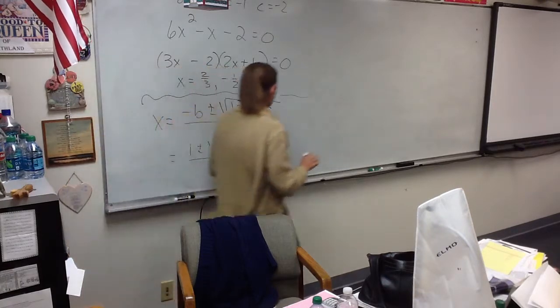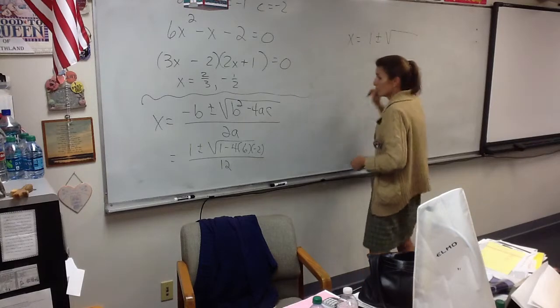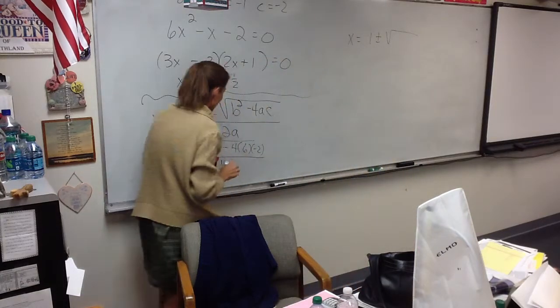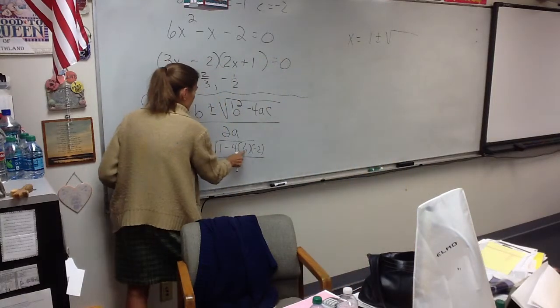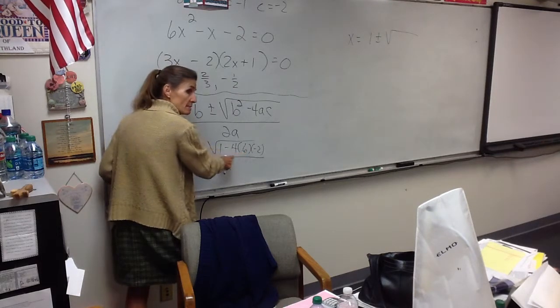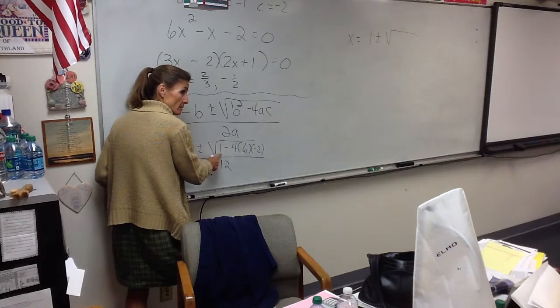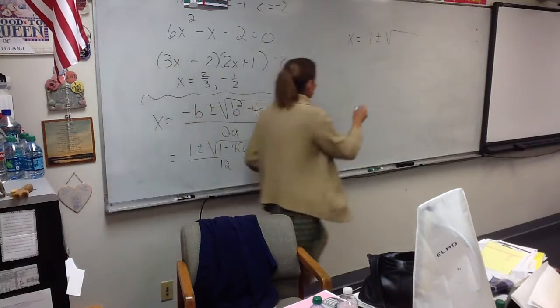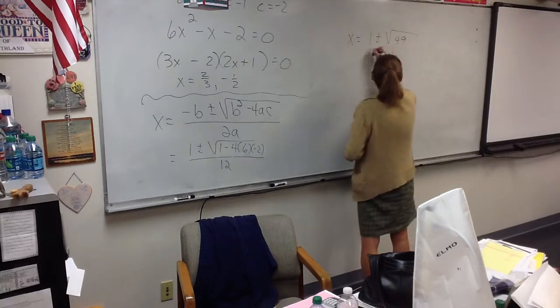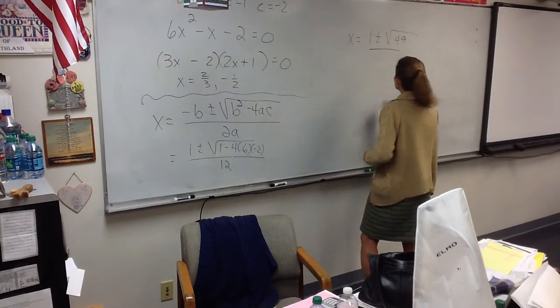So I have x equal to 1 plus or minus the square root of, okay, what is negative 2 times 6? Negative 12 times negative 4, 48 plus 1, 49. So I got the square root of 49, which just happens to be 7.